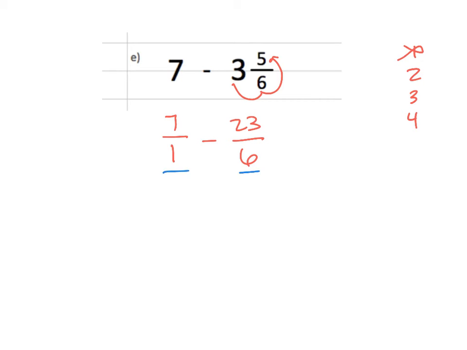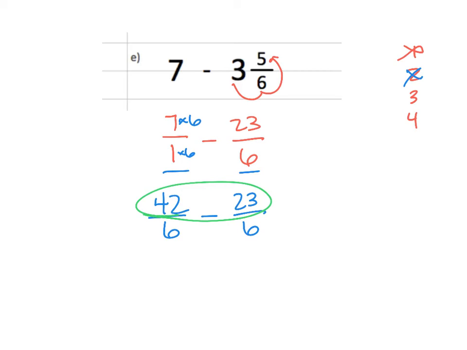Step 2, common denominators, definitely the 6. So 23 over 6 stays the same. 1 times 6 gives me 6. 7 times 6 gives me 42. There's step 2. Step 3, we're going to subtract our numerators. 42 minus 23 gives me 19.